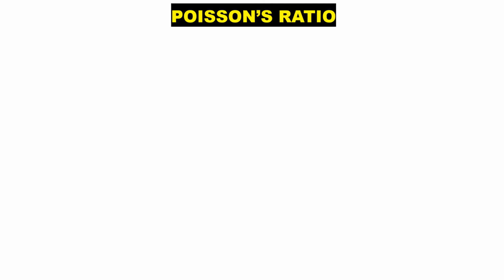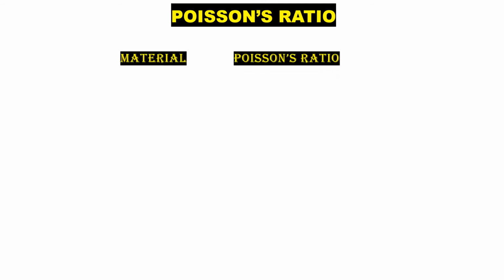Now let us see the Poisson's ratio for different materials. For concrete, the Poisson's ratio is 0.08 to 0.18.